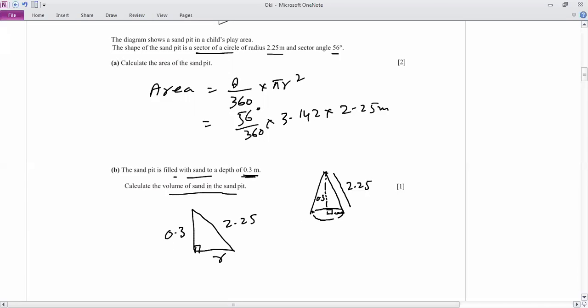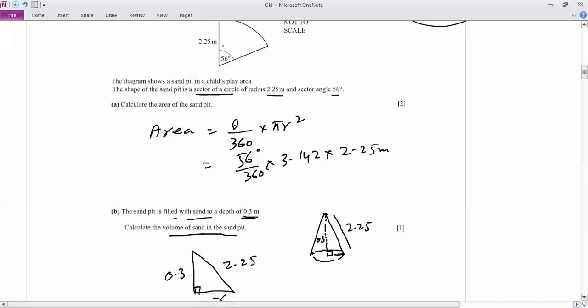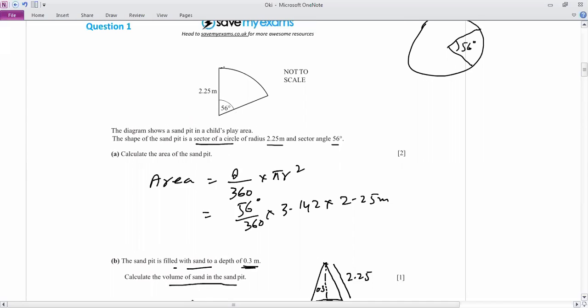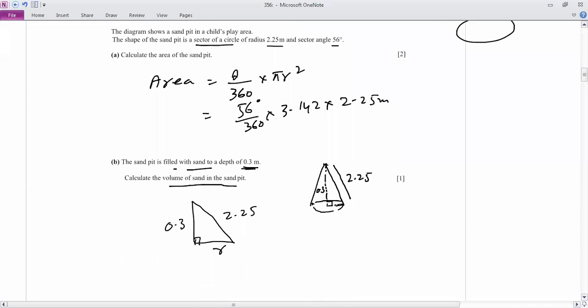Remember, in the last lesson I explained that if we convert the sector into a cone, the radius of the sector becomes the slant height of the cone, and the arc length becomes the circular base. You can find the arc length and get the radius from there, or, since the slant height is given, from the slant height we can get the radius. It's a right angle triangle, so Pythagoras theorem.